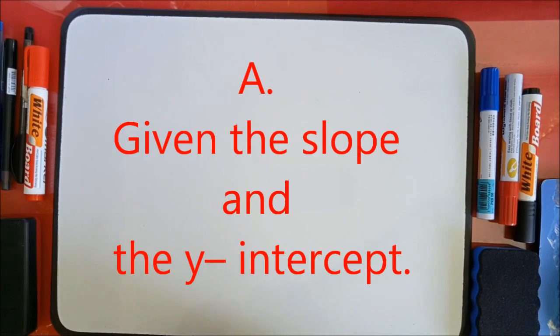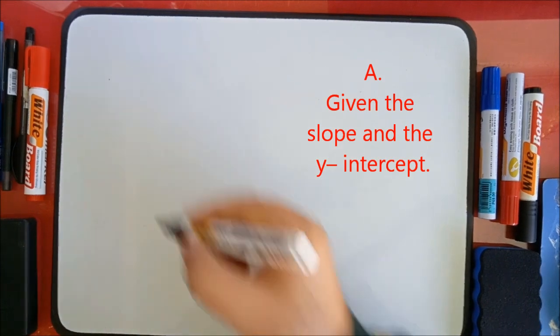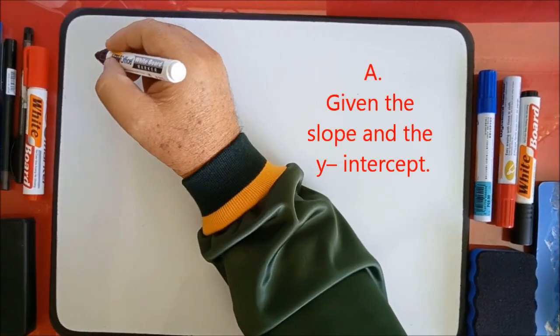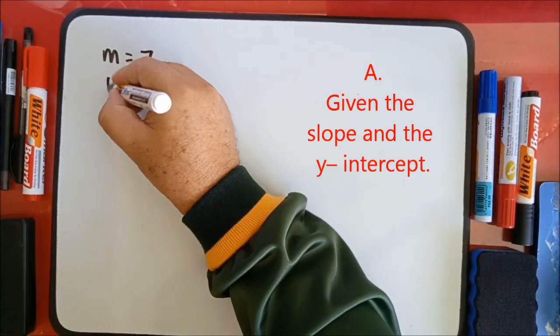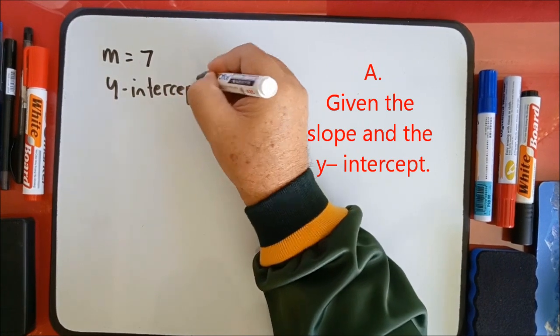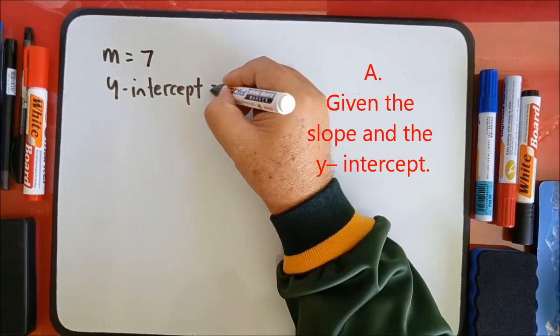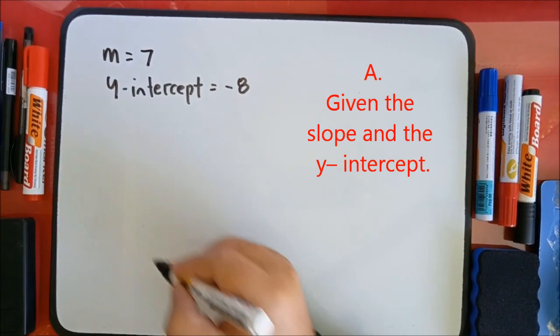Let's take them one by one. Given the slope and the y-intercept. Remember that the equation of the line can be written in slope-intercept form or standard form. For example, given m is equal to 7 and your y-intercept is equal to negative 8, what will be your slope-intercept form?